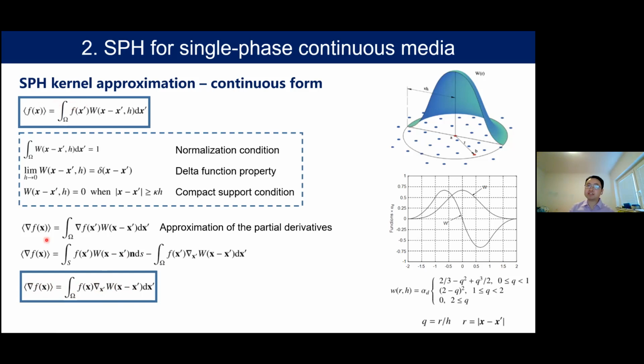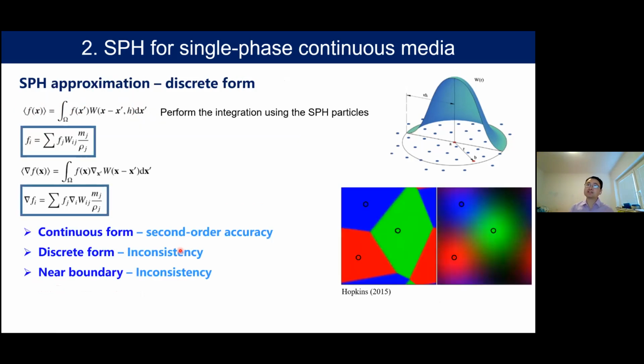But here you can see that the approximation of the field function and the partial derivatives are in this continuous form, which cannot be used in numeric simulation, because you need another method to do the numeric integration. And how to do the numeric integration?